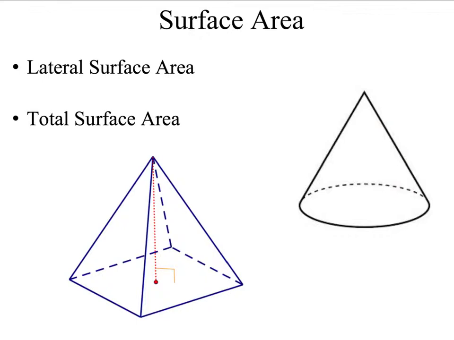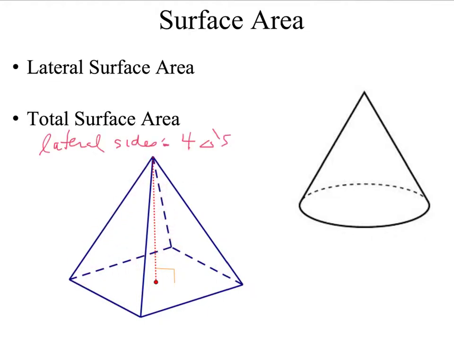Just take a moment and look at this rectangular pyramid. Maybe it's a square pyramid, but I don't know, so I'll say rectangular. Obviously the base is this rectangle, which means the lateral sides would be these triangles. That's a lateral side right there, here's another, there's the third one, and there is the fourth one.